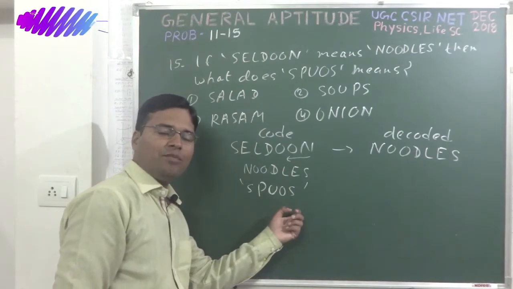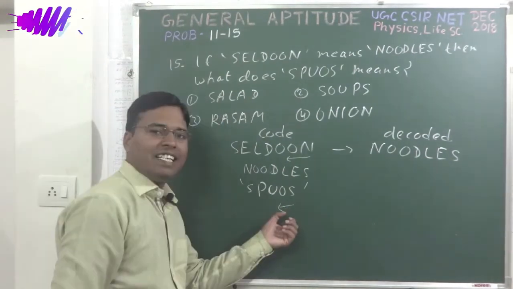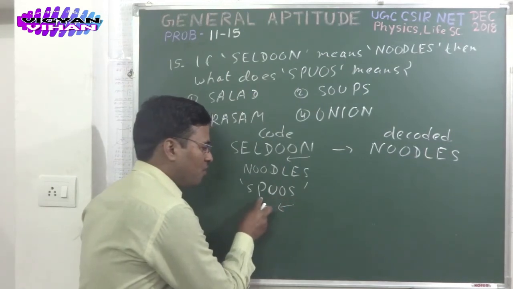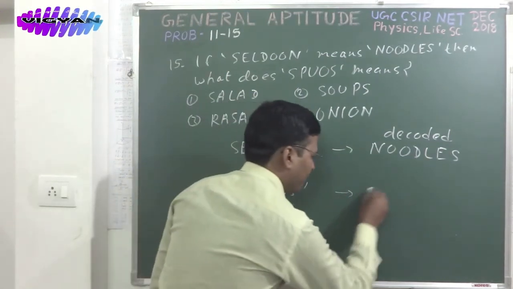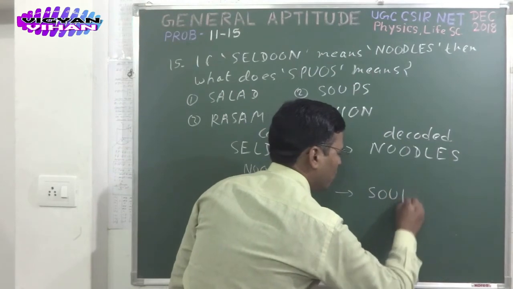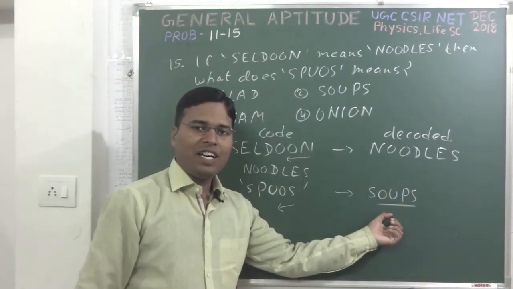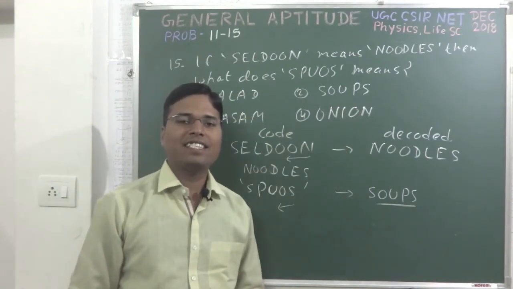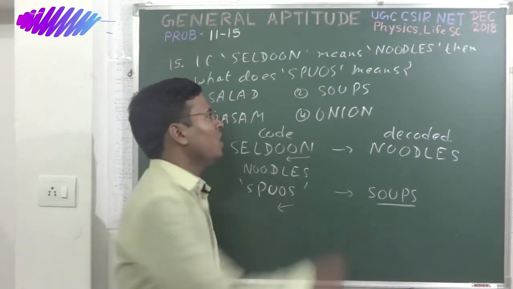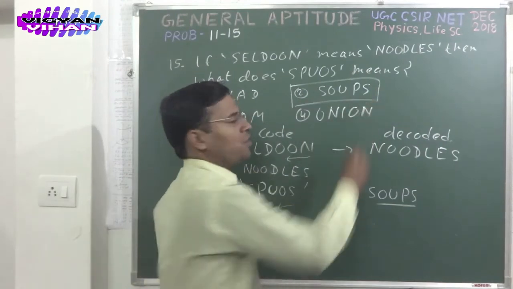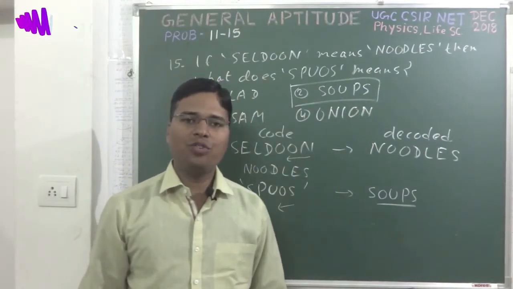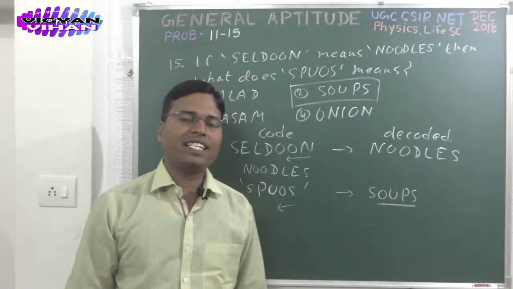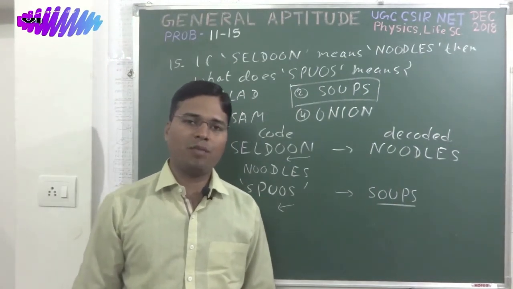So, writing from back to front, the decoded word would be SOUPS. This word is matching with option number 2. So, the correct answer of this problem is option 2, SOUPS.